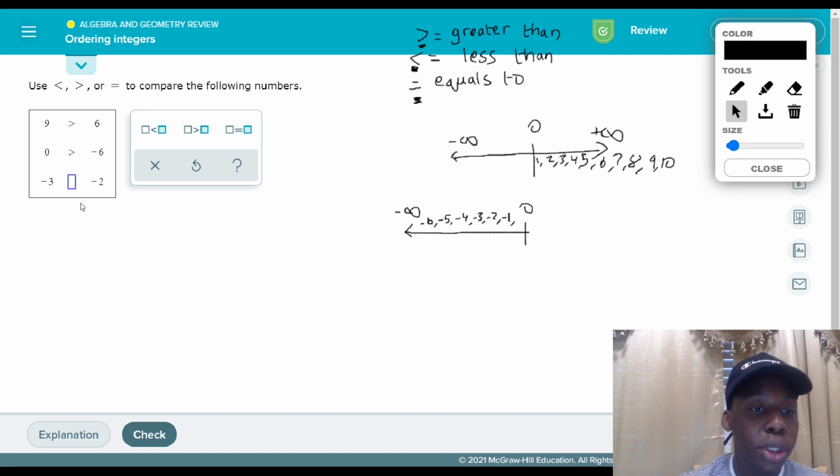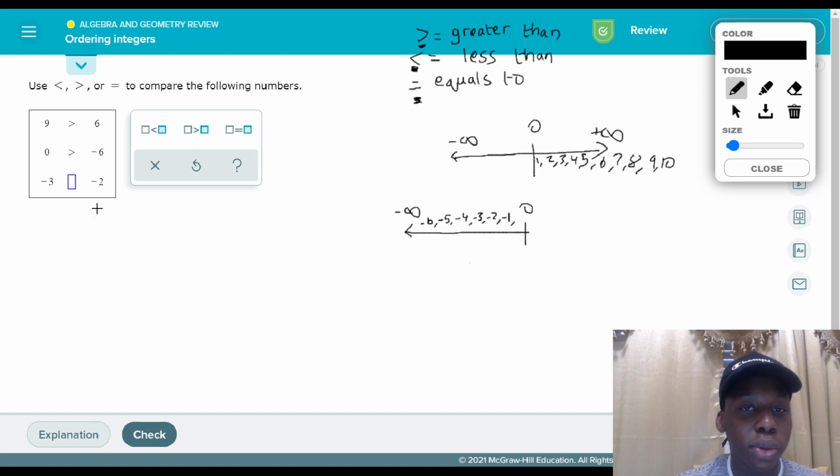Now we're dealing with two negative numbers. That takes us back to the number line. We ask ourselves which one of them is closest to 0: negative 3 or negative 2? When we're counting down to our bomb, it goes 5, 4, 3, 2, 1, push.